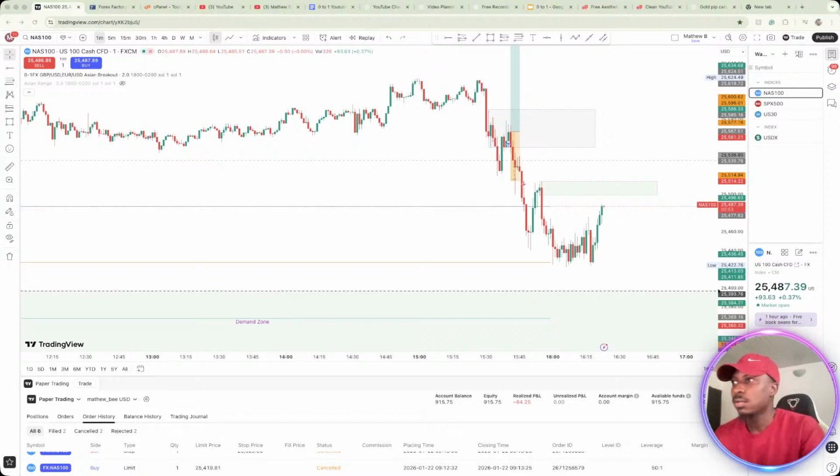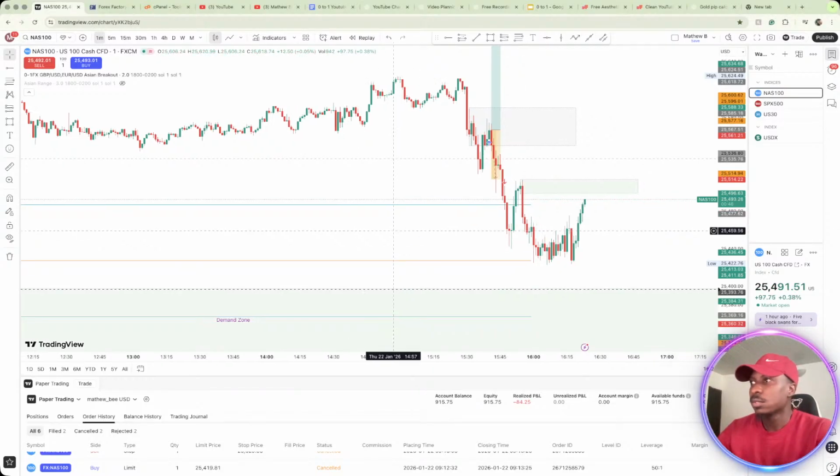Right, so it looks like NASDAQ sell would have been the better choice. We didn't get an entry, so for now we have to be very patient. This is about 423.